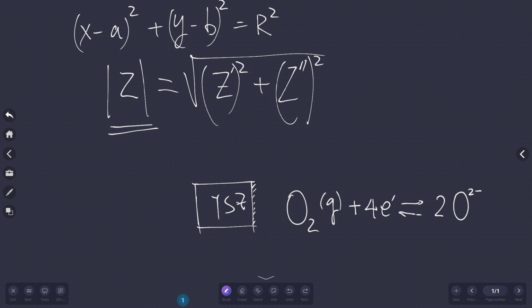And then this oxygen ion that you generate by this so-called oxygen reduction reaction, these species that you generate will be able to move through your YSZ, because YSZ is an oxygen ion conductor.